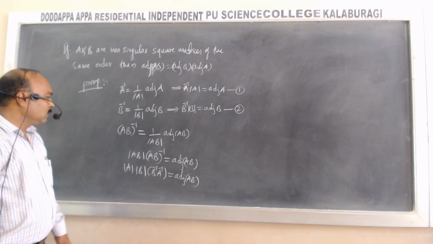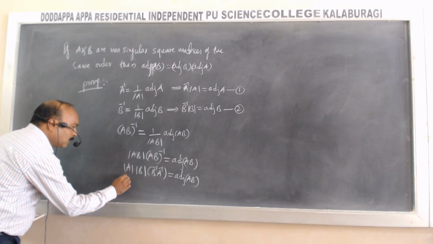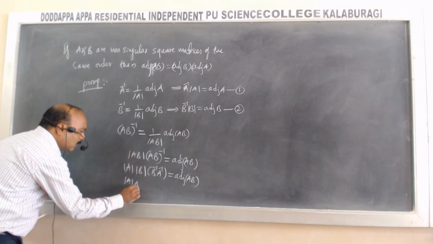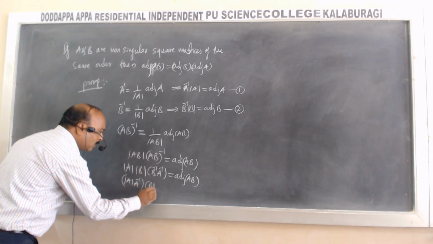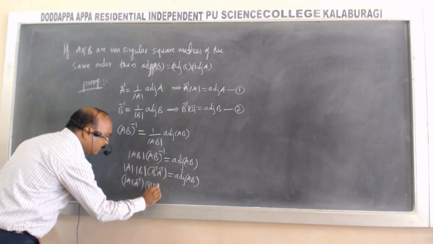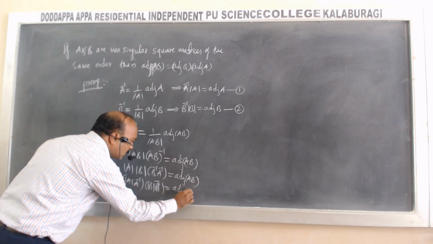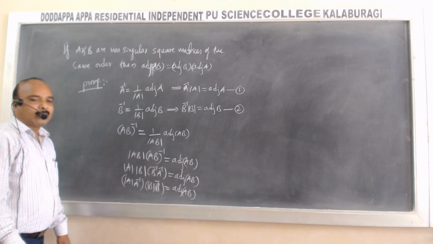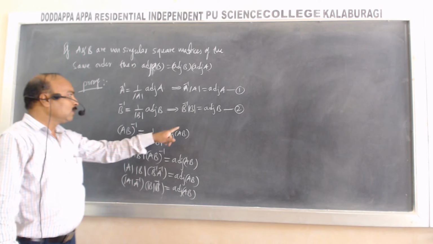Now I will interchange the terms on the left hand side. I write determinant of A into A inverse first, into determinant of B into B inverse, equal to adjoint of AB as it is. Now you can use equations number 1 and 2.